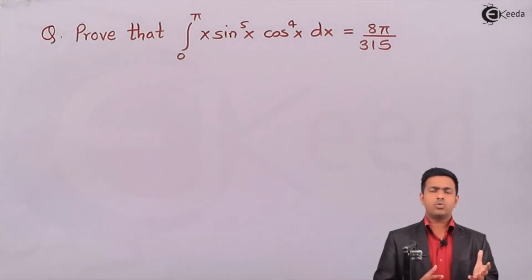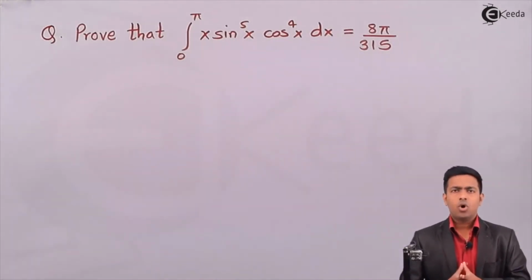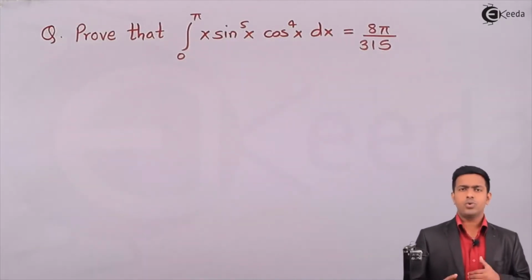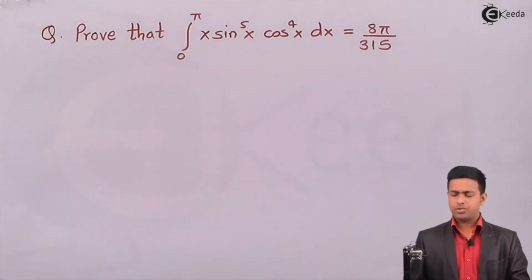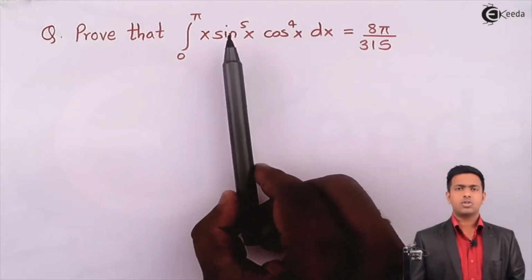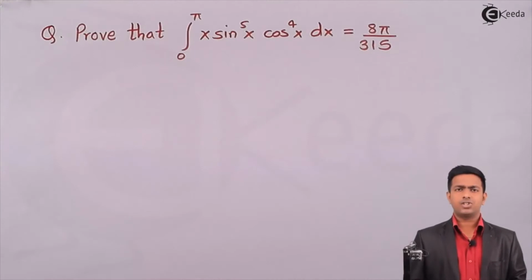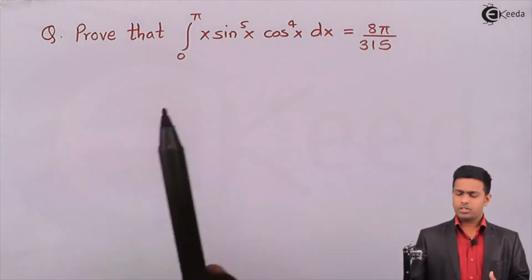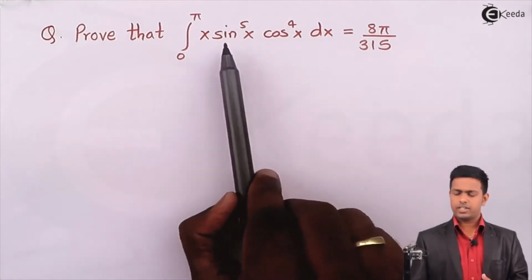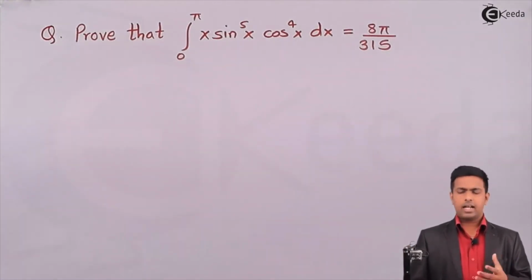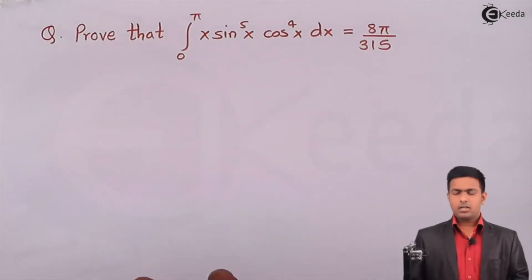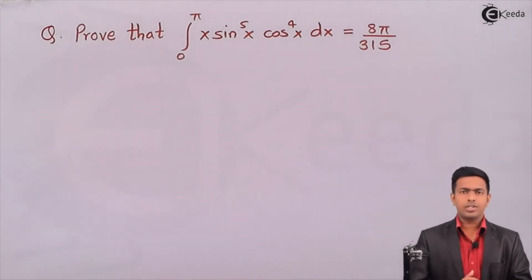Now there are two ways to do this. One is to use integration by substitution, or to apply the properties of definite integral. If I want to use integration by substitution, here we already have the angle as x, so we cannot use it, because if we had 2x or 3x or 4x with sine and cos, we could have substituted 3x or 4x as t, but since it is x we cannot do the substitution.